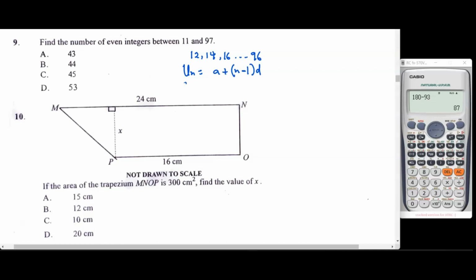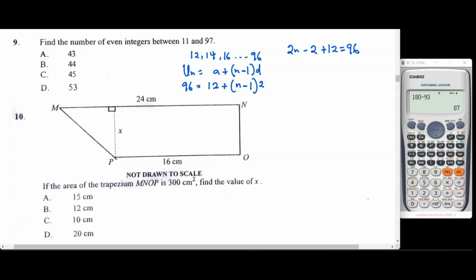So we have 96 equal to the first number, 12, plus the n that we don't actually know, so n minus 1 times the common difference, which is 2. Working for the n value, we have 2n minus 2 plus 12, all equal to 96. I've just rearranged it, expanded and simplified.